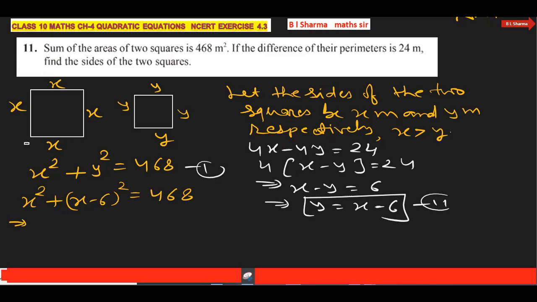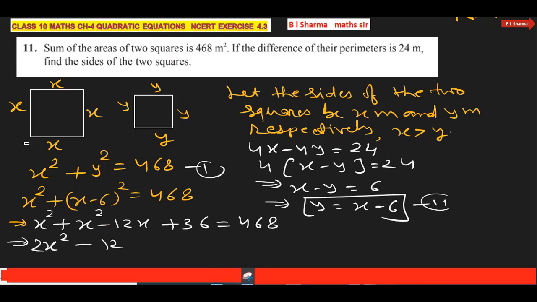On further simplification, that is x square plus x square minus 12x plus 36 is equal to 468. So 2x square minus 12x plus 36 minus 468 is equal to 0.